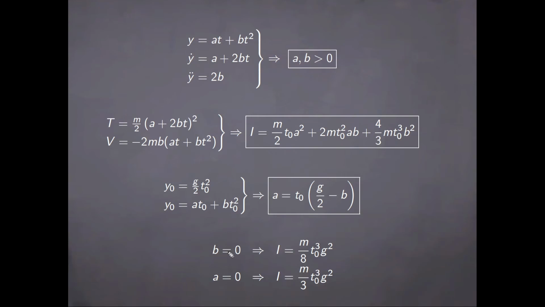So this possibility doesn't really lead us anywhere, and the only possibility that works is the one involving that A is equal to 0, which implies that B is equal to G over 2, case in which the action integral has the value here.